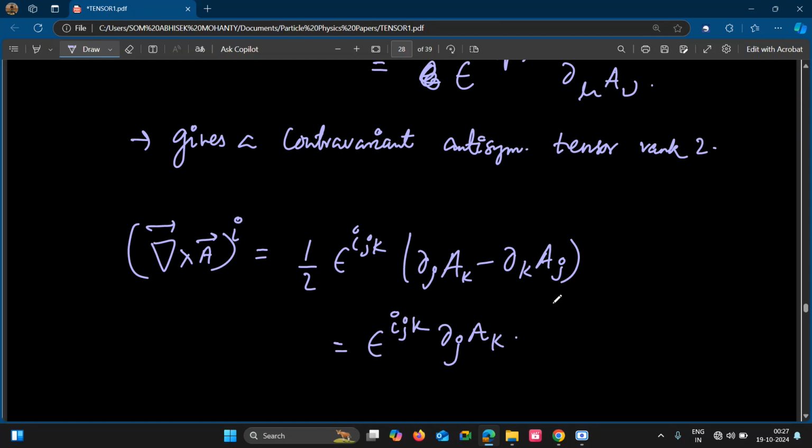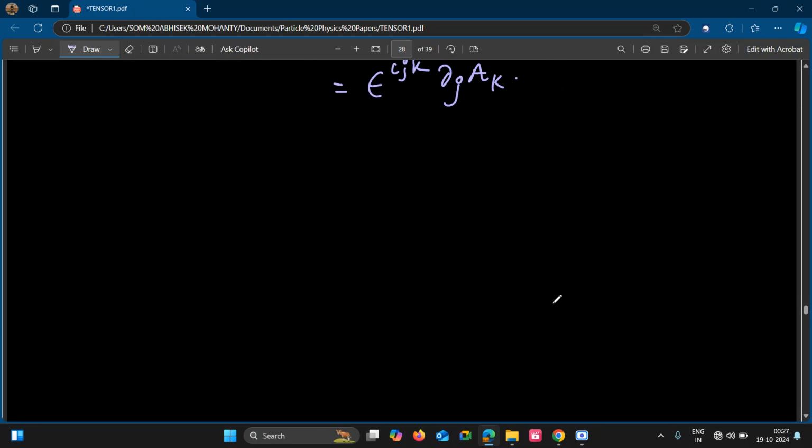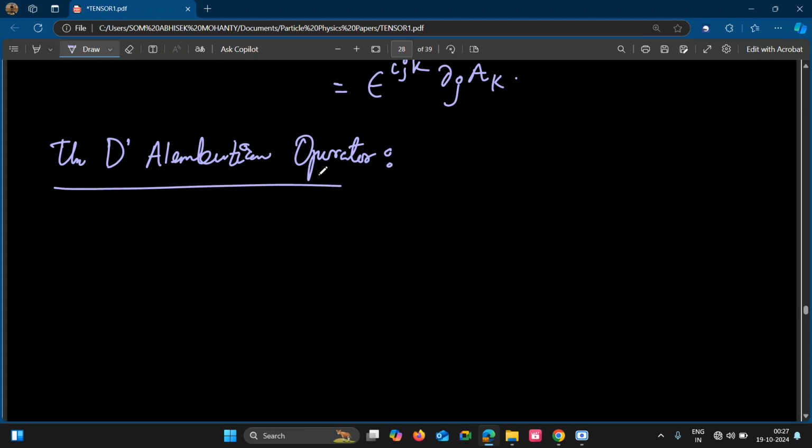Okay. So next is your item, the D. This one we used a lot. The D'Alembertian operator. Okay. What is it? So its operator is ∂² like this, equal to ∂_α ∂^α. Okay.